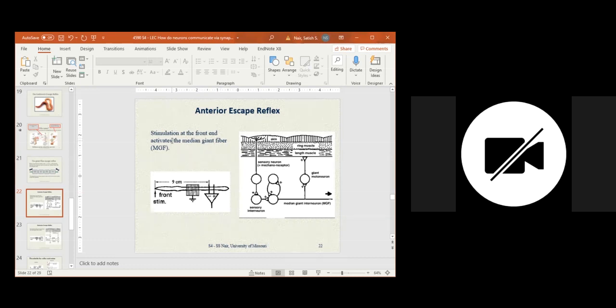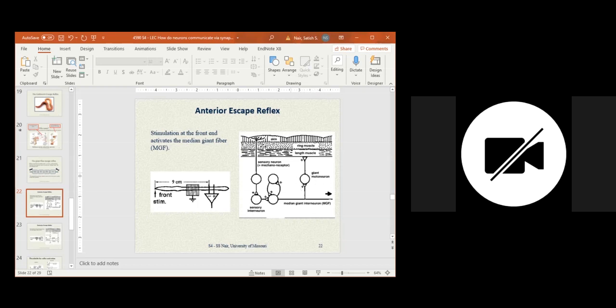Stimulation at the front end activates a medial giant fiber. And these are details if you're interested about the skin. There is a ring muscle and a length muscle. So if you stimulate the sensory neuron in the skin, through these interneurons, it will activate this giant motor neuron.